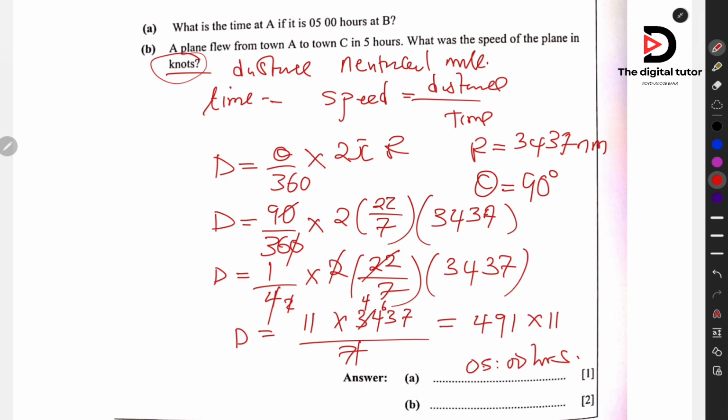So 491, we don't use a calculator. So 491 multiplied by 11. You start multiplying. 491 multiplied by 11, and you are going to have 491 if you multiply by 1 throughout, then also 4910.